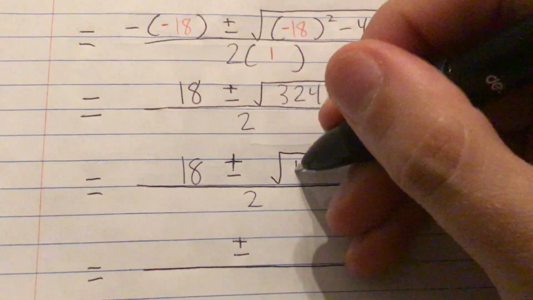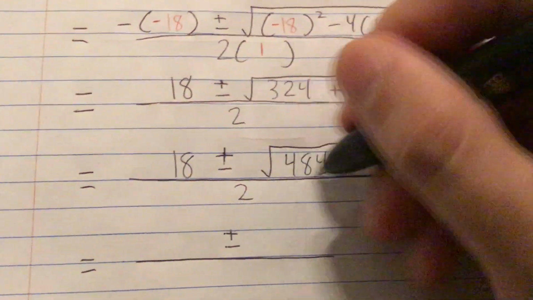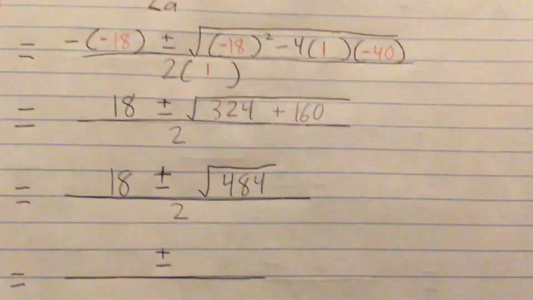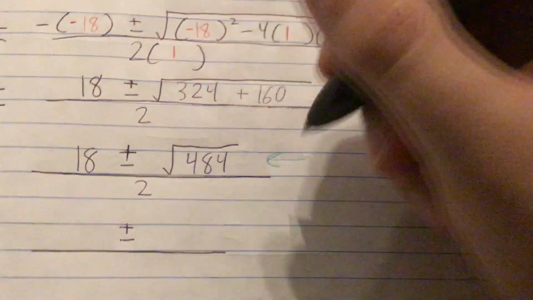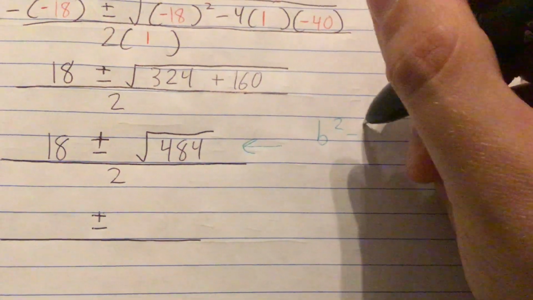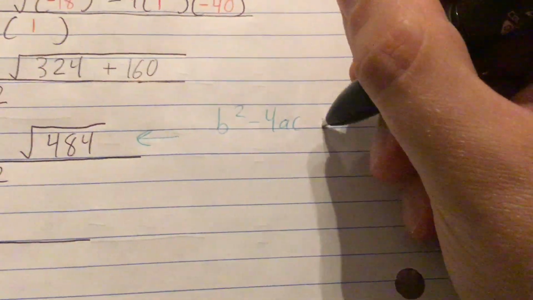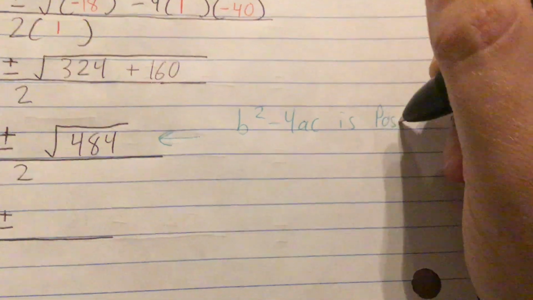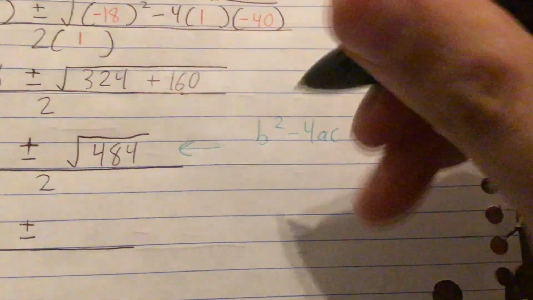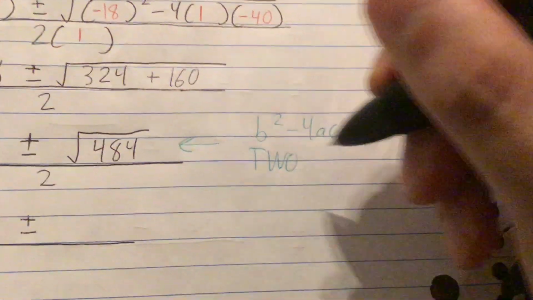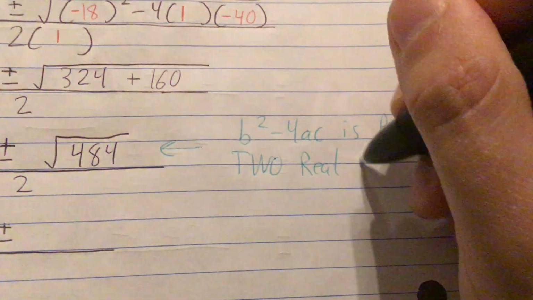Once again, the discriminant, this b squared minus 4ac part, is positive. So you'll see 2 real solutions.